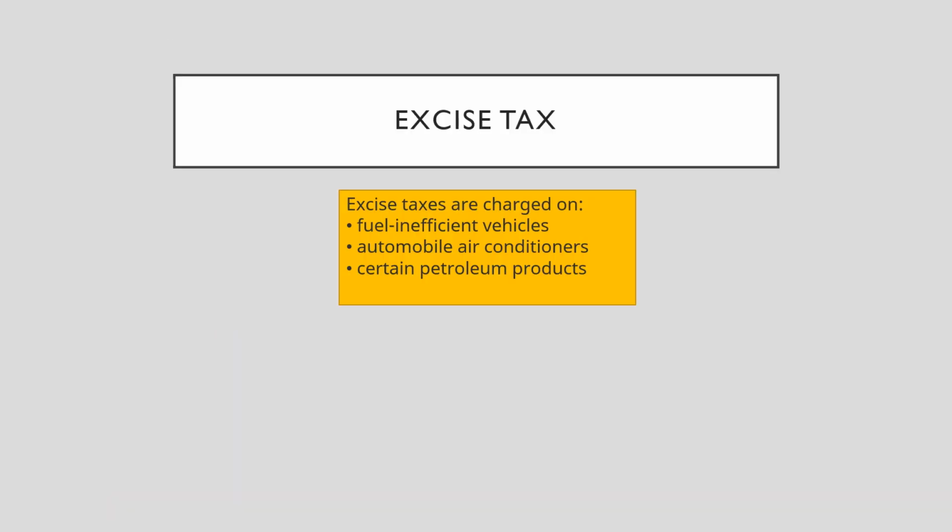The one that we saw before was excise duties. There's something additional, and that is called excise tax. Excise tax is charged on fuel inefficient vehicles, automobile air conditioners, and certain petroleum gas, like certain gasolines or naphtha, that need to pay this tax.